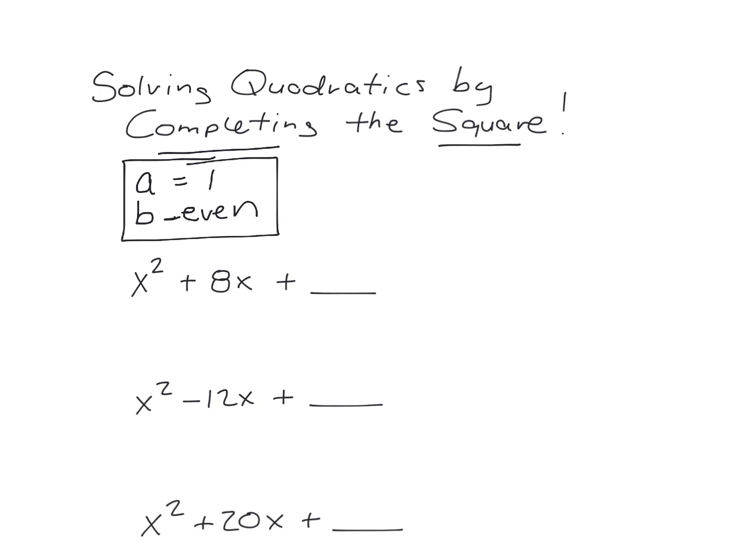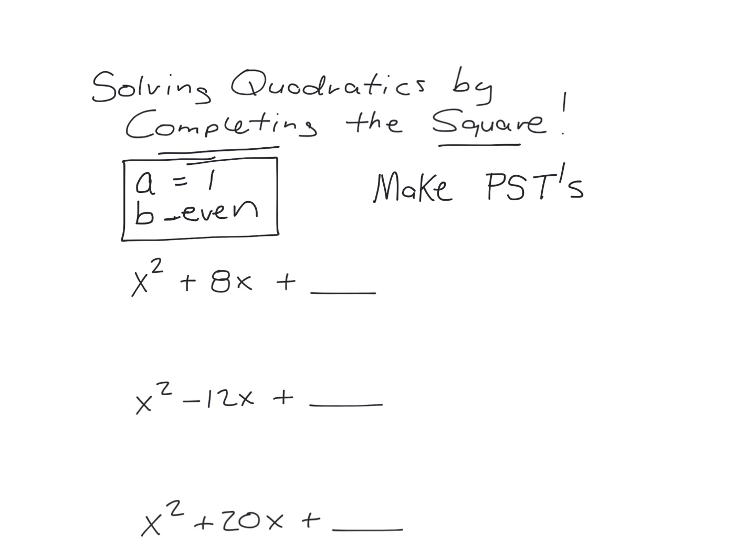All right, so first of all, today we're just going to talk about what it means to complete the square. What we're going to do basically is make PSTs, which are perfect square trinomials that factor very easily.